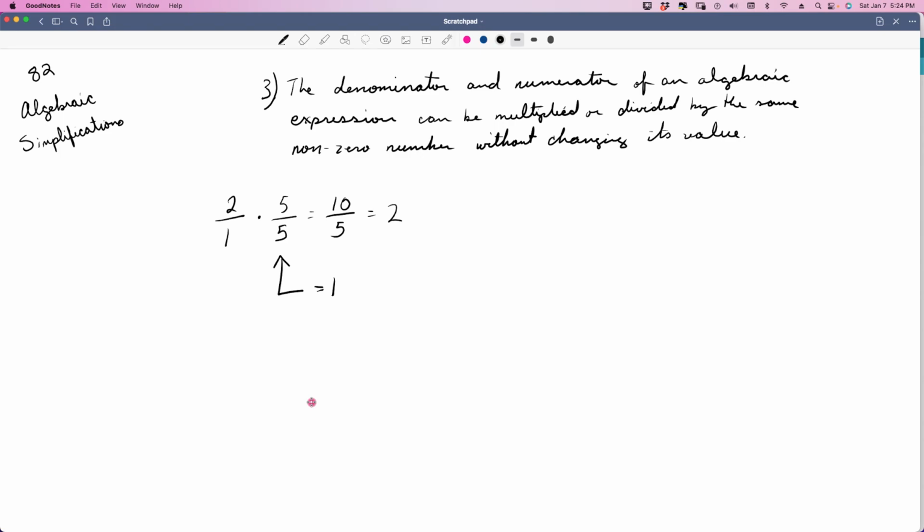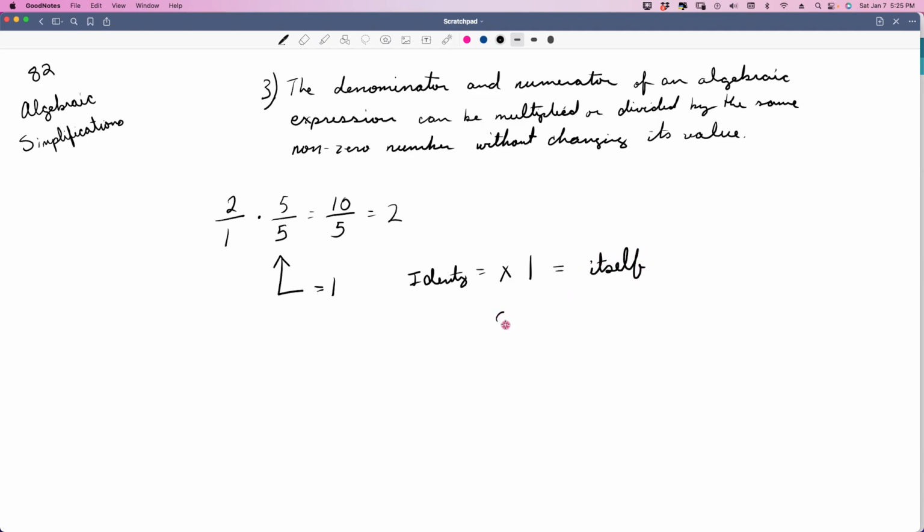Think about it. 5 over 5 is equal to 1. And we know from our elementary math the identity property of 1, which says that anything multiplied by 1 equals itself.